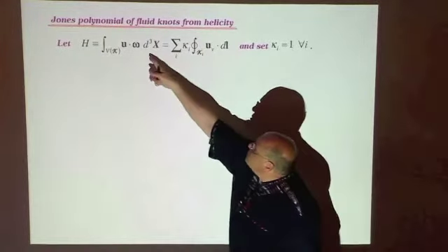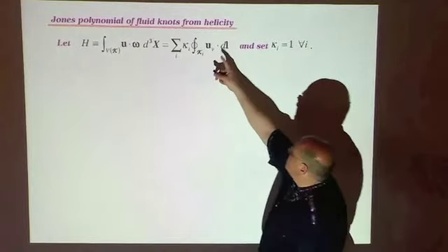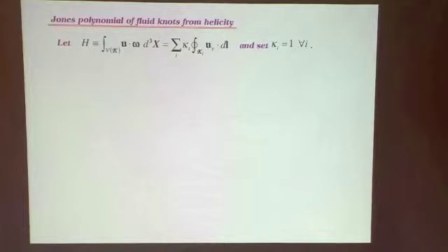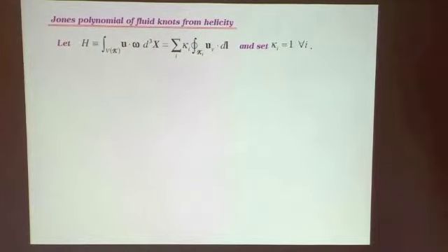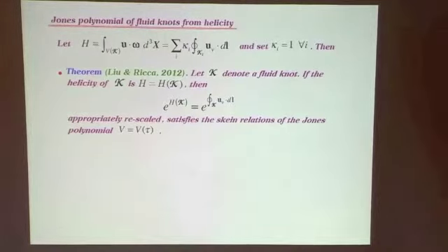If we reduce this to a line integral, then we can write it in this form. We simplify further by assuming that circulation is equal to 1 for every single component. Then we have this result.